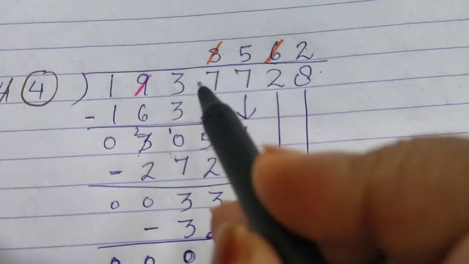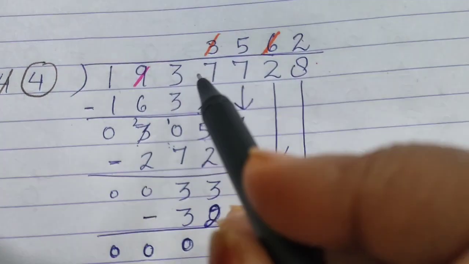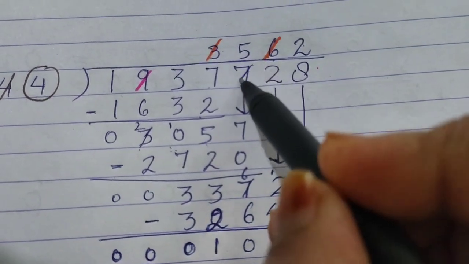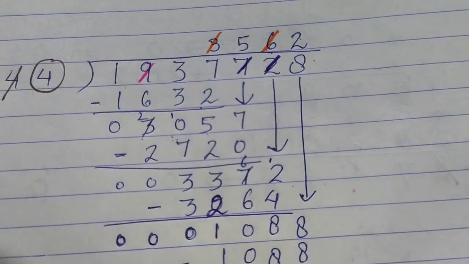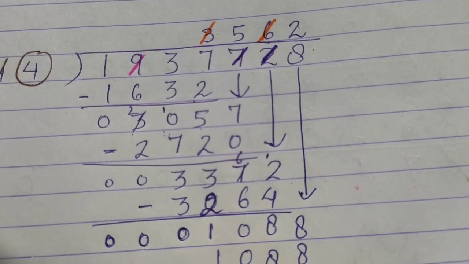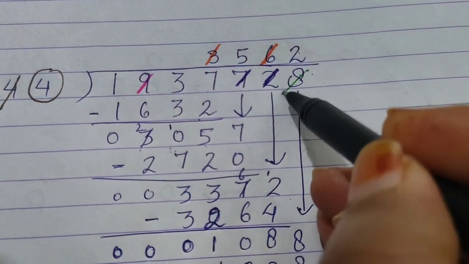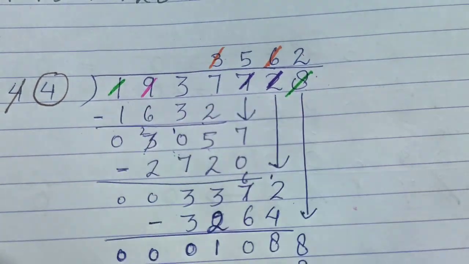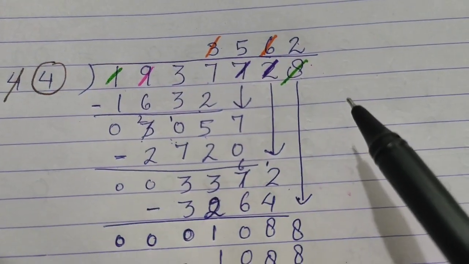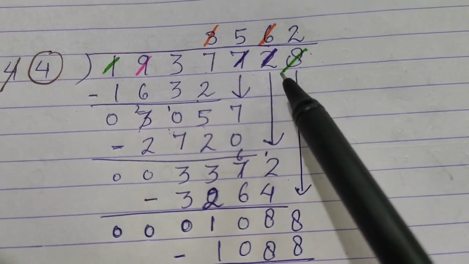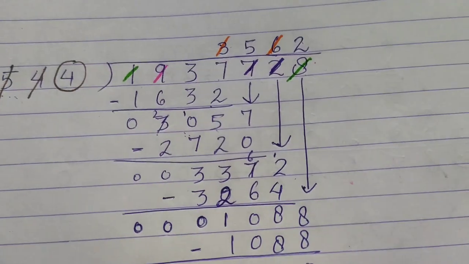Then a 7 and 2. If you add 7 and 2, what do you get? You get a 9. Then if you see children, there is an 8 and a 1 also. Yes or no? So you are left with only 7 and 3.